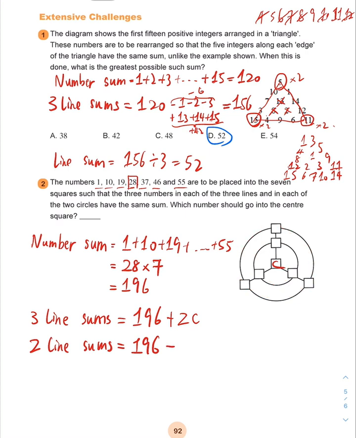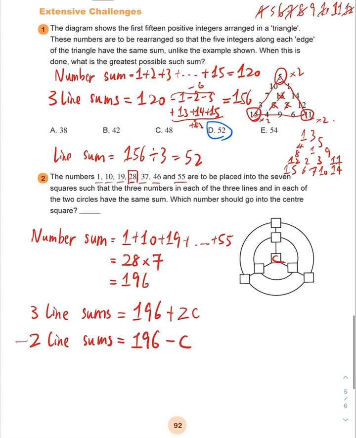So it's take away C. Now we're kind of having a simultaneous equation. So if you take away the 2 line sums from the 3 line sums, you can see that 1 line sum is equal to 0 adding 3C. So 1 line sum is just 3C.